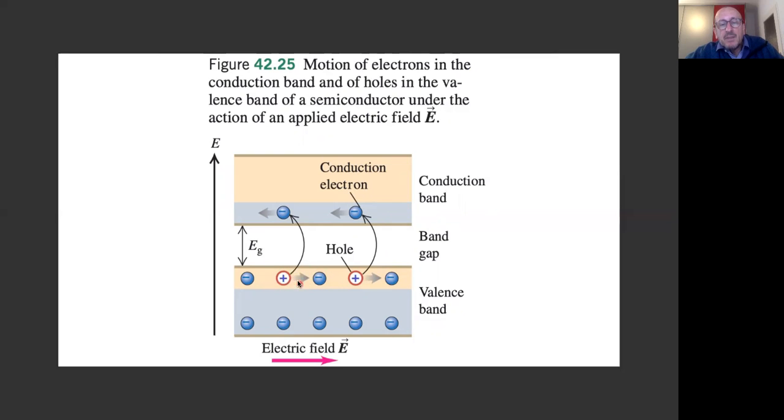But what happens is these holes can actually move as the electrons do. This is a complete band. This is a sea of electrons, completely filled with electrons. When you take one electron and put it in the conduction band, it's like putting a bubble inside a bottle that is completely filled. So you have the bubble there, and now you can watch the bubble move inside.